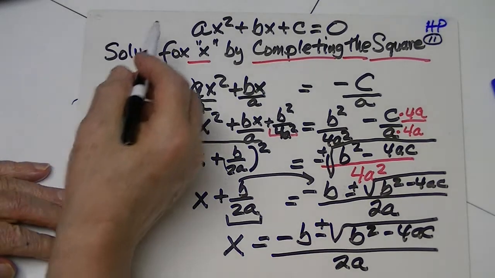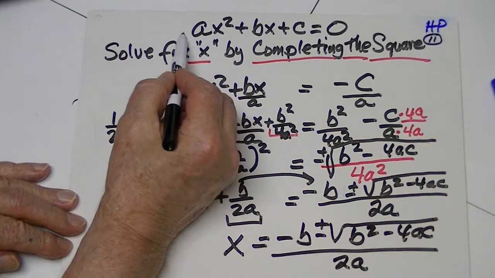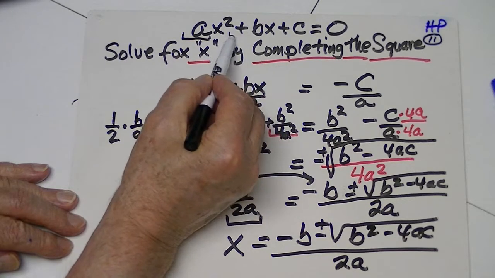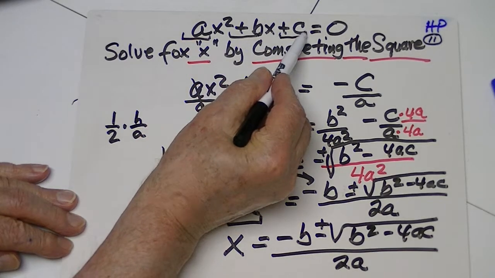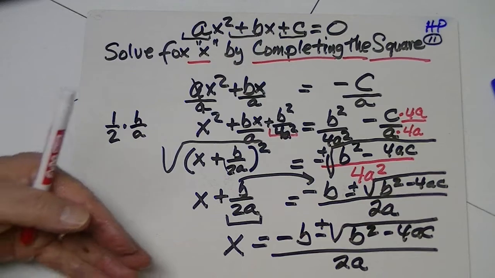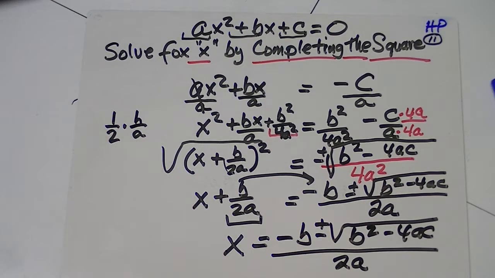Now, anytime you have something in this form, by substituting the value of a, b, and c into this formula, that will give you what x is.